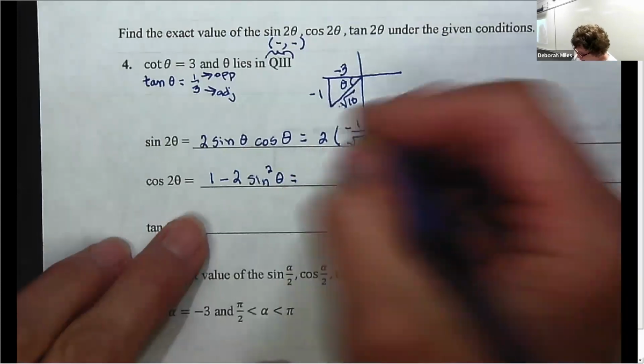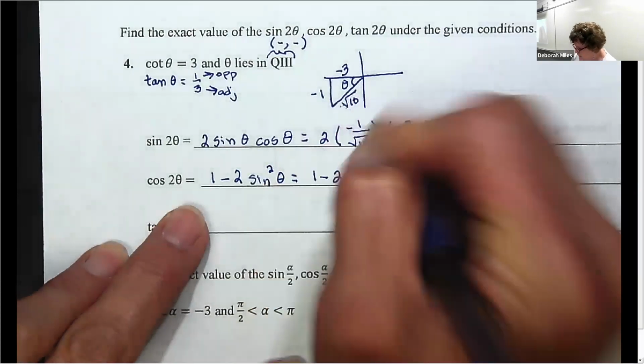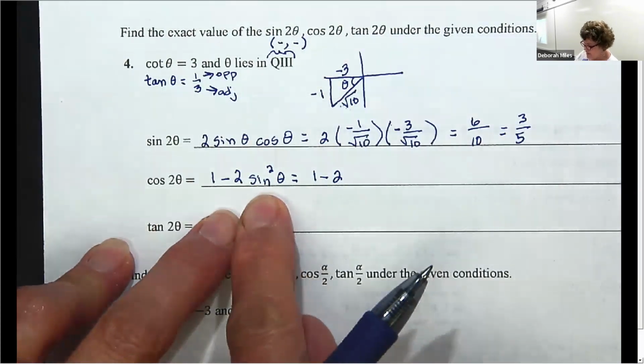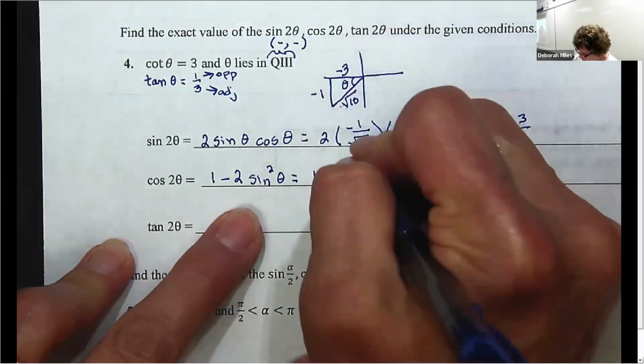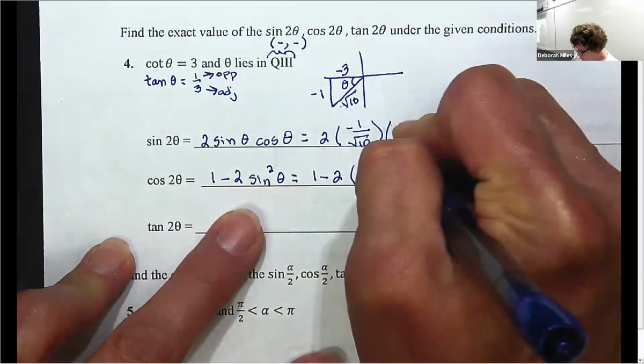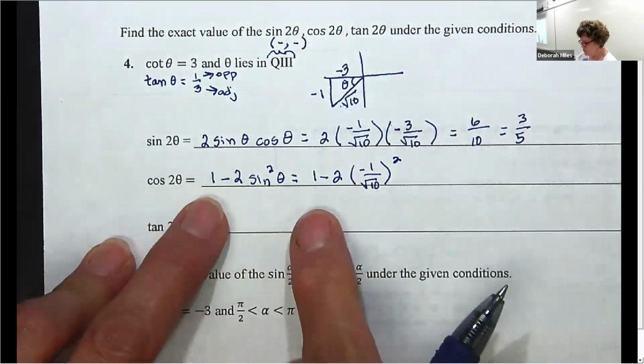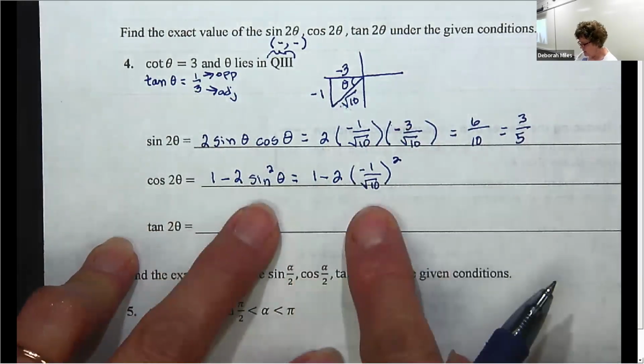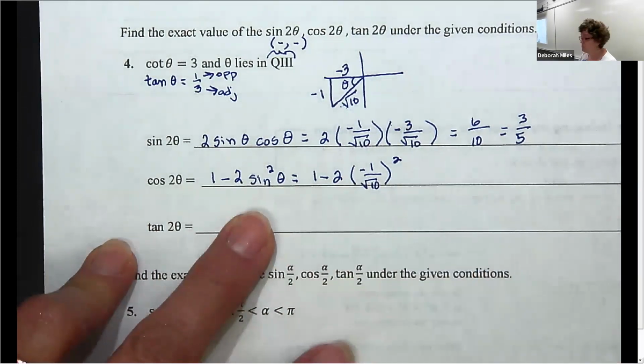So we already have sine of theta is -1 over square root of 10. Make sure we square that. 1 minus 2 sine theta squared.